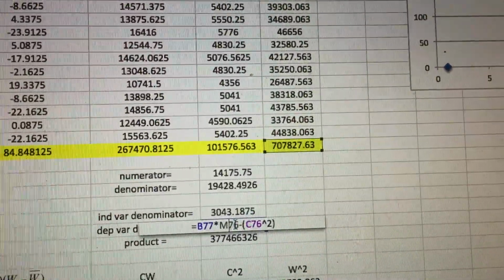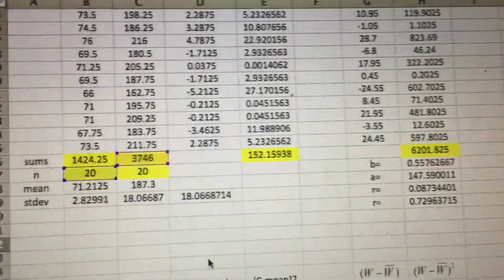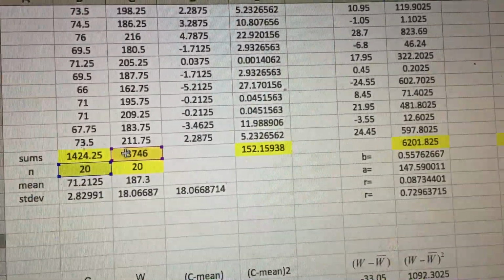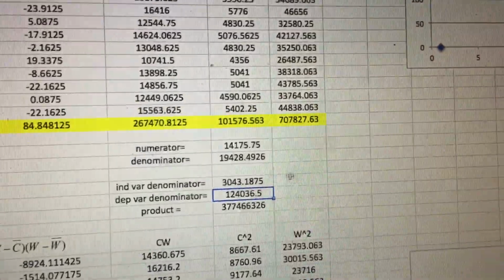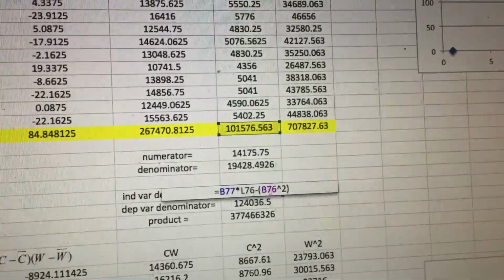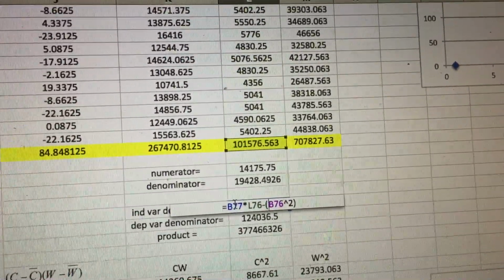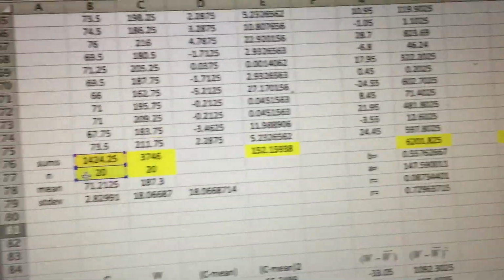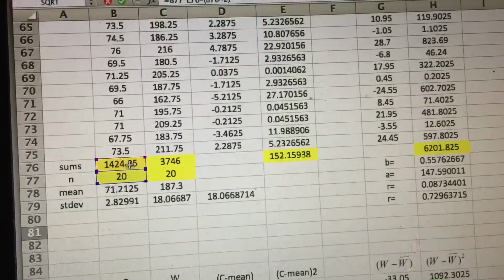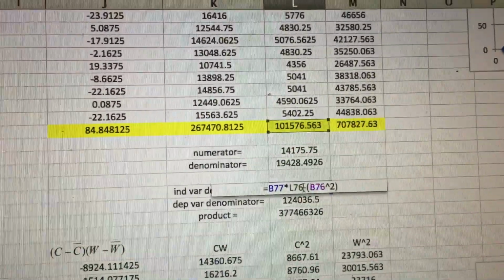Then we minused it from this number here and squared it. That's correct. We've got that done right. I'm just checking all the things because I want to make sure I get this right. And then this one we have the B77, which is this one here. And we've got that one there, B76, right?